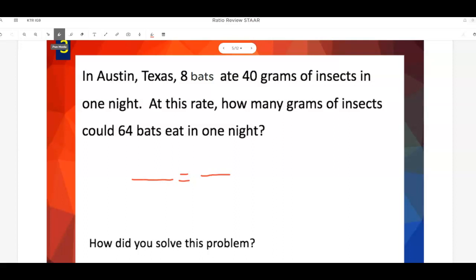Setting up proportions. Oh, we don't listen. I'm not. Listen.